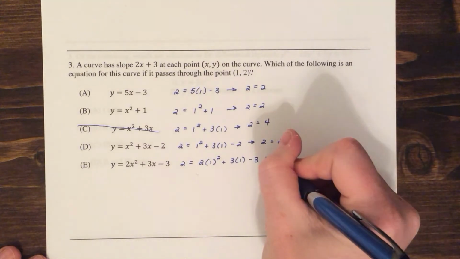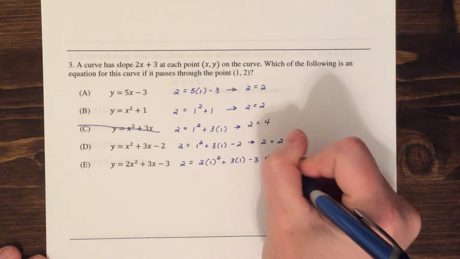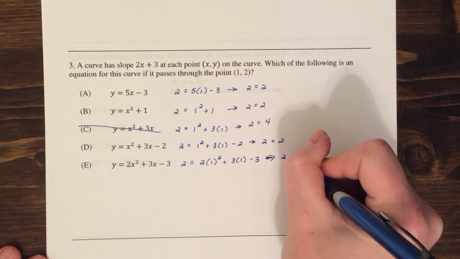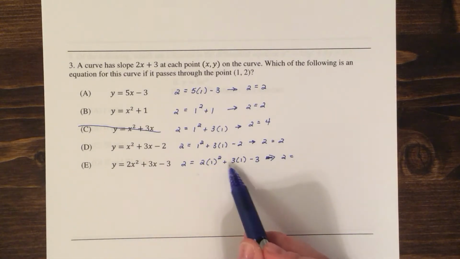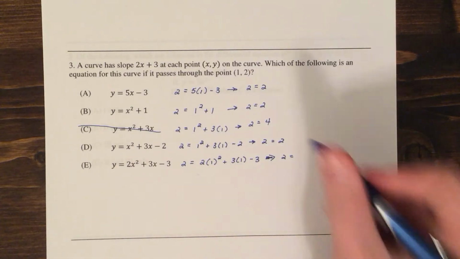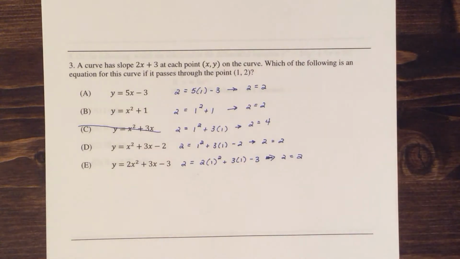And then this last one, we have 1 squared is 1, so this part's going to be 2, plus 3 is 5, 5 minus 3 is going to be 2. So we were able to eliminate C.